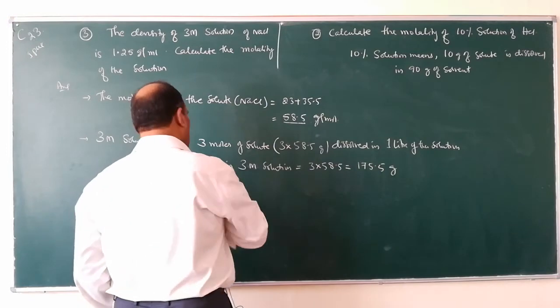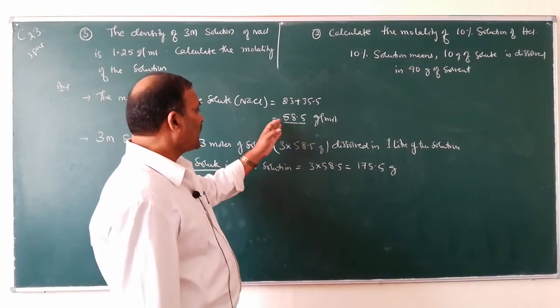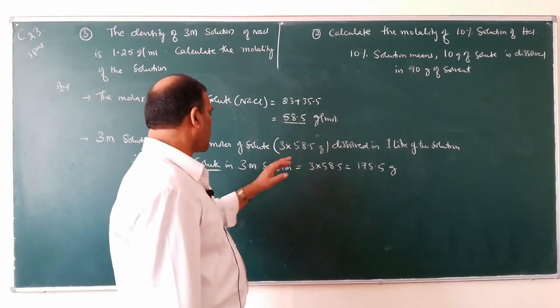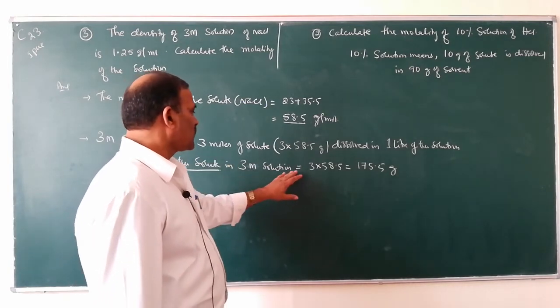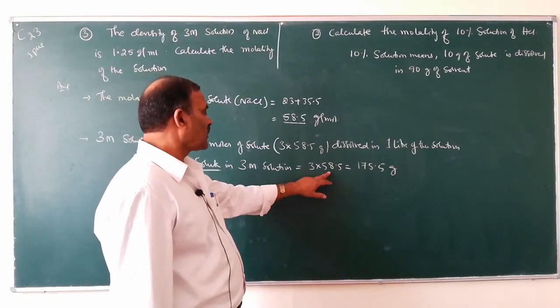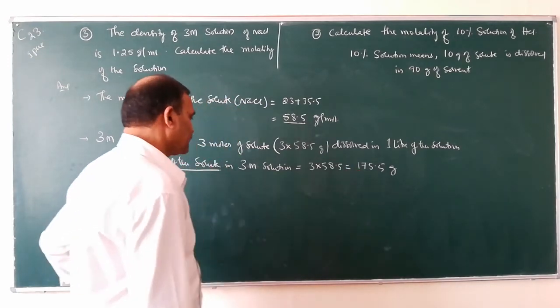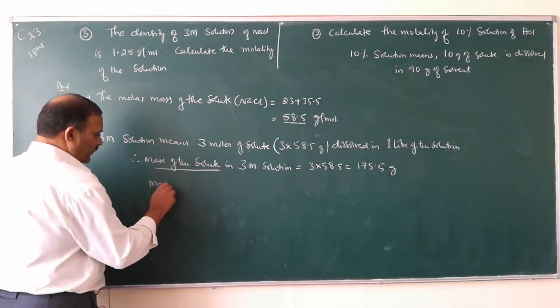So 1 mole of solute means 1 into 58.5, 3 moles of solute means 3 into 58.5. So mass of the solute in 3 molar solution equals 3 into molar mass of the solute, which is 175.5.